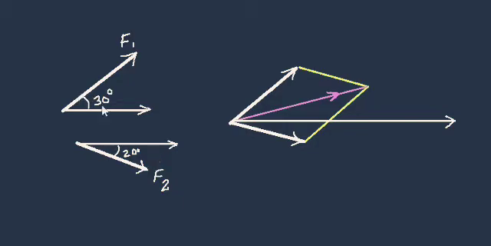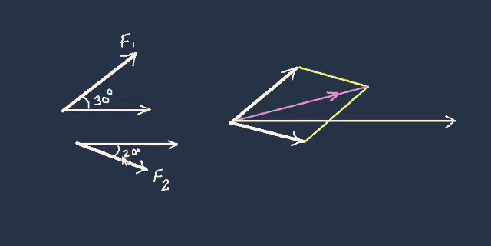Here the magnitudes are different and the angles are different and the vectors are not collinear. So you are using the parallelogram law to find the resultant of this vector. You can also use the triangular law that we will find later on.